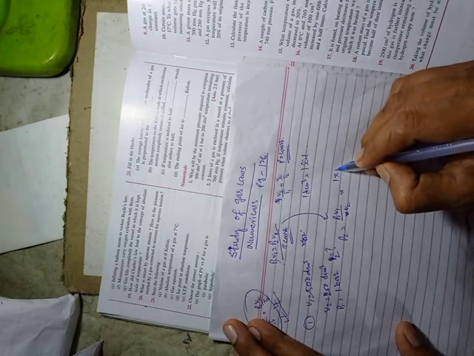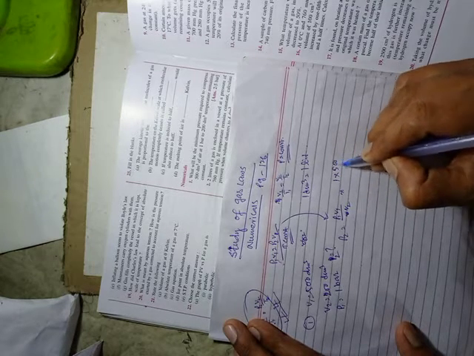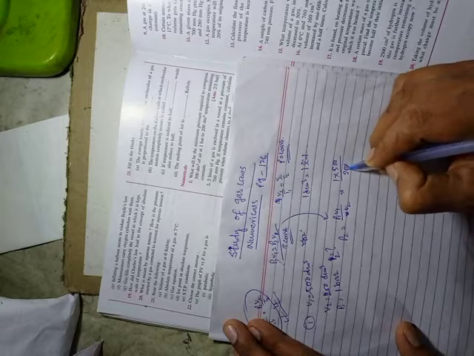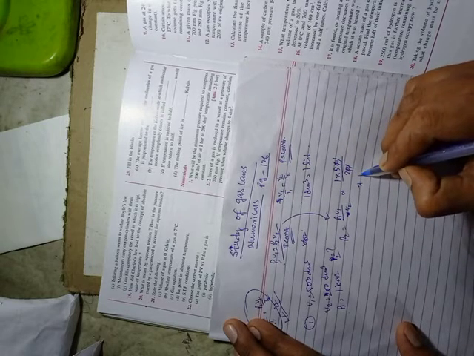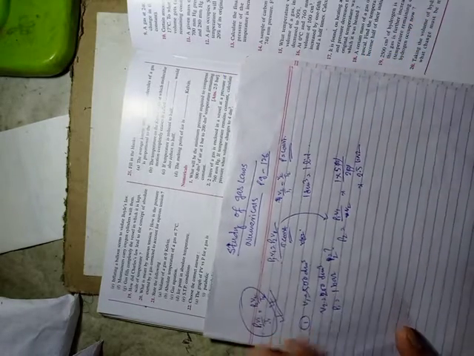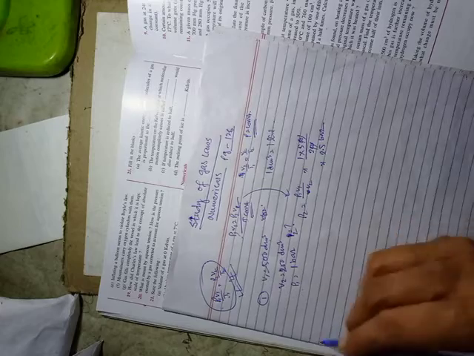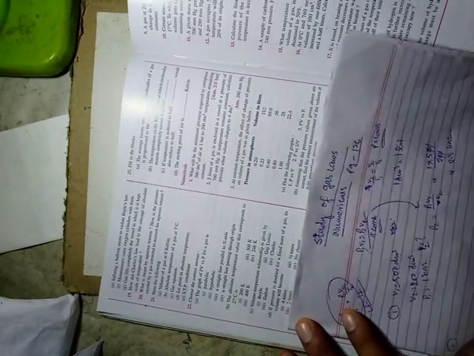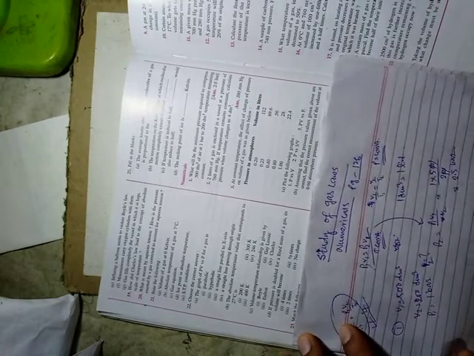So 1 into 500 by 200, it will be 2.5 bar, and the answer you can see here is 2.5 bar, very easy. By using Boyle's law we just solved the math. Similarly, directly move to the second. There are lots of numericals, 28 numericals. Some I will explain and some you can do by yourself. Basic numericals, nothing hard.